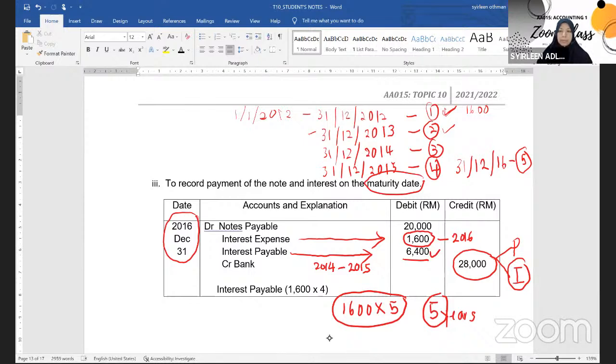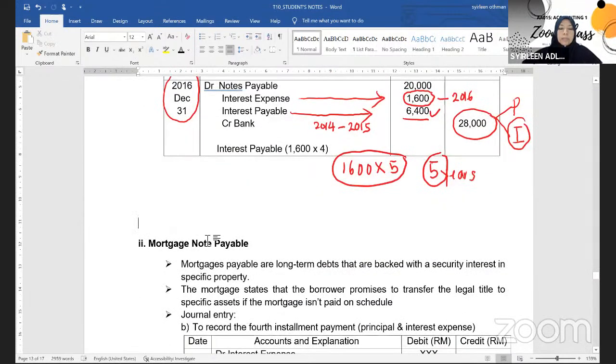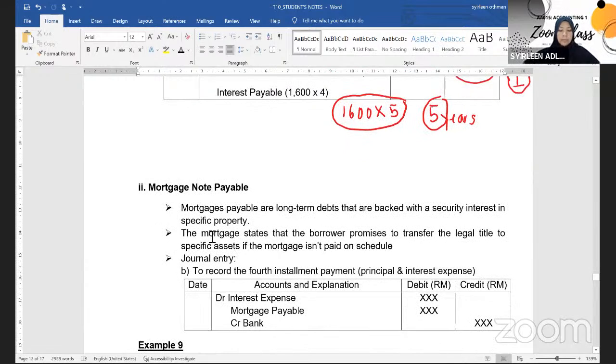So apa yang berlaku dekat sini sebab saya punya jangka tenure untuk notes payable tadi is 5 years. That means every year saya punya interest expense tu akan langkau satu accounting period. So that's why kita ada pelarasan. And pelarasan tu akan dibayar bersama-sama dengan principal semasa tarikh maturity. So that is for your notes payable. Sekarang kita akan tengok mortgage payable.